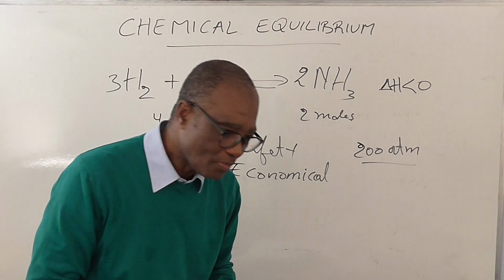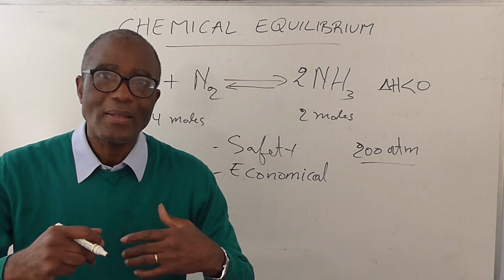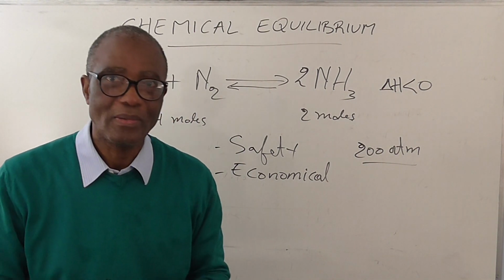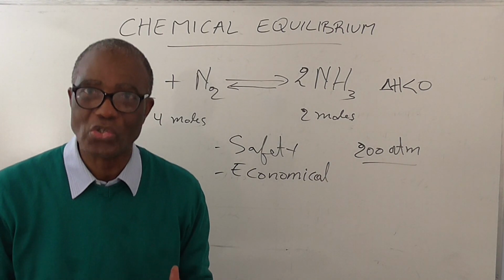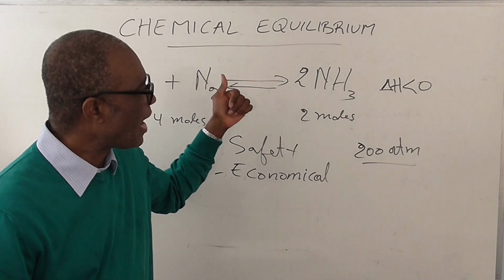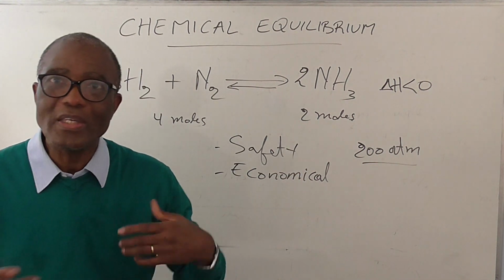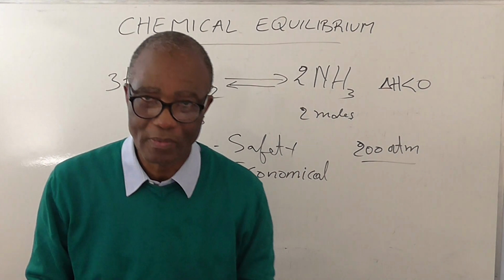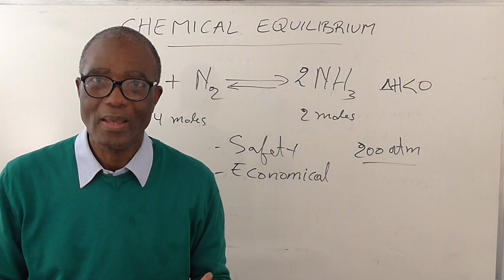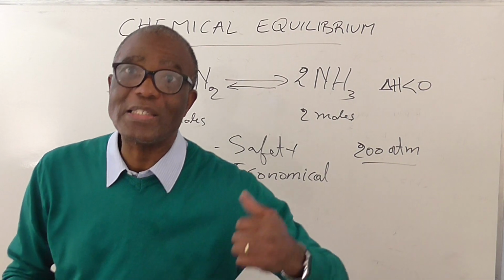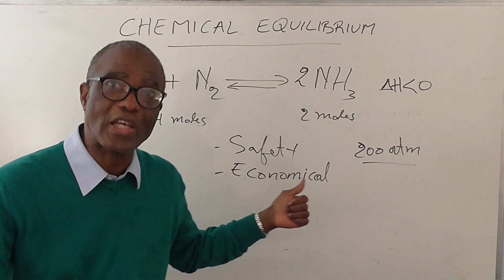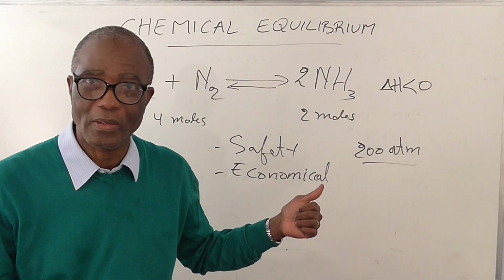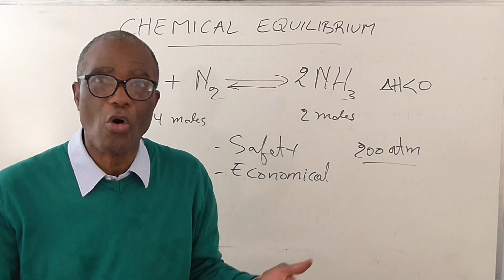So I repeat, for a big yield of ammonia in industry using the Haber process, we need to increase the pressure. But as I said, there is a safety risk of explosion of pipes and the explosion of the factory.